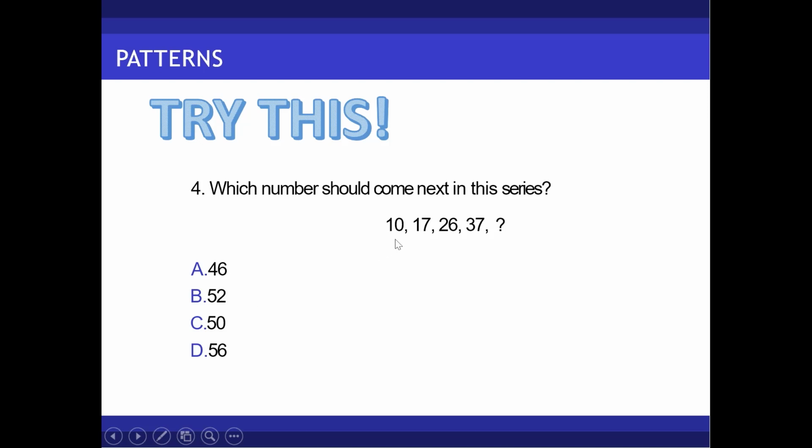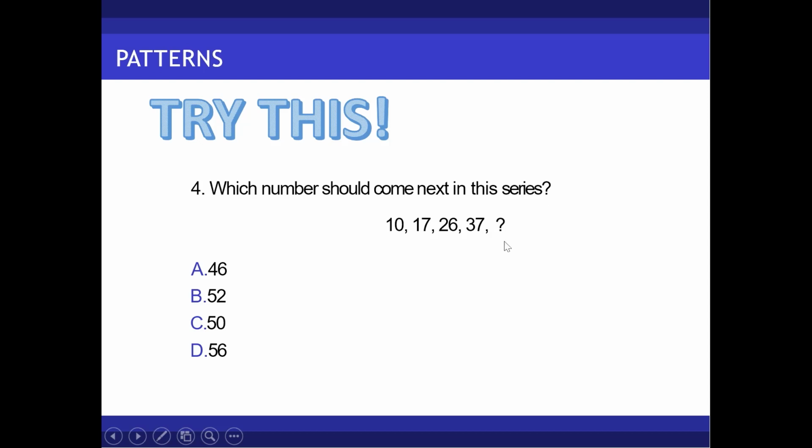So here, starting with 3, 3 squared plus 1, that's 10. Here, 4 squared plus 1, that's 17. And here, 5 squared, that's 25, plus 1 is 26. And here, 6 squared plus 1, so 36 plus 1, that's 37.